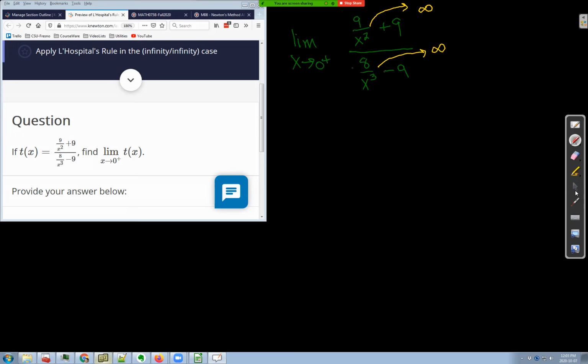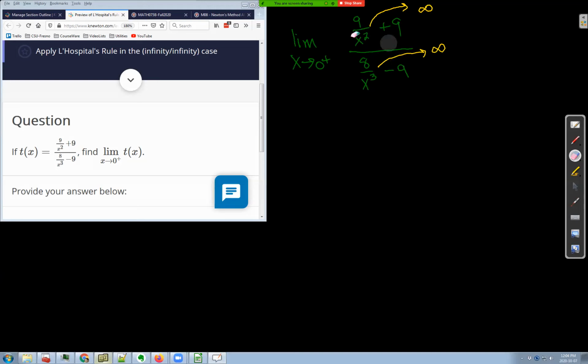And I hope it makes sense why: the reason is that if x gets close to 0, the denominator is getting close to 0. And if the denominator is getting close to 0, that means your fraction is going to get really big, because the smaller the denominator gets, the bigger the fraction is going to get.